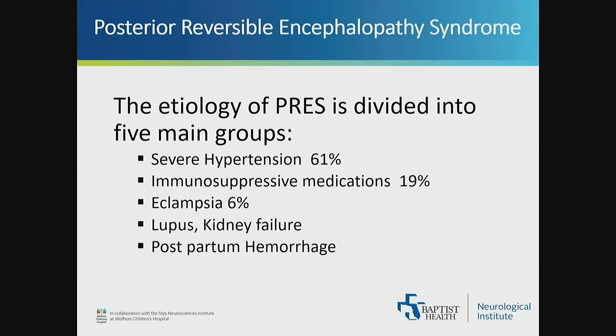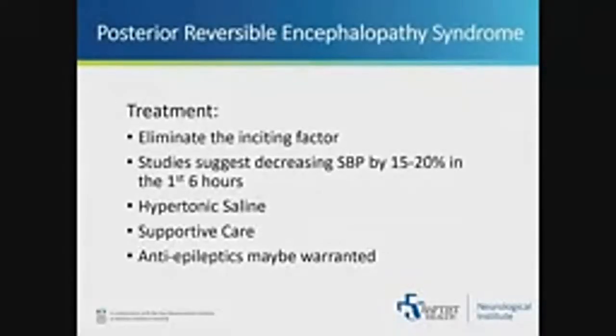For the treatment of PRES, you're going to eliminate the inciting factor, take away what's causing this posterior reversible encephalopathy. Studies suggest that decreasing your systolic blood pressure by 15 to 20% in the first 6 hours is recommended.